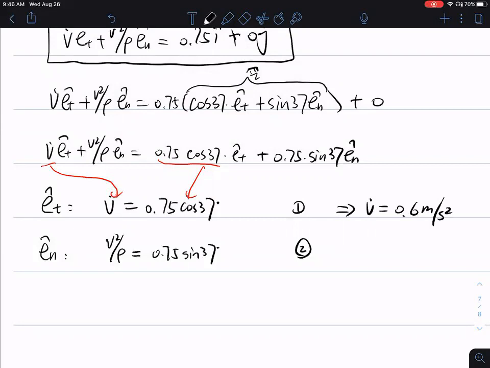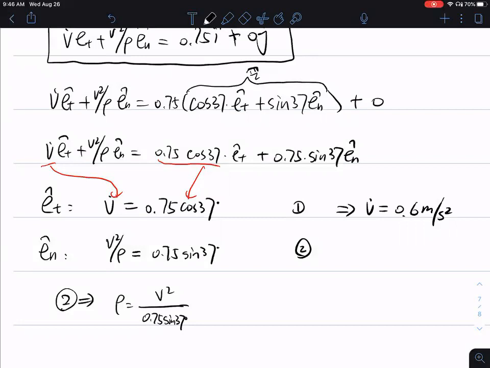And from our second scalar equation, rho can be solved by using V squared divided by 0.75 sine 37 degrees. What is that V over there? Should I plug in VA or VB as a value for V? Any answers?